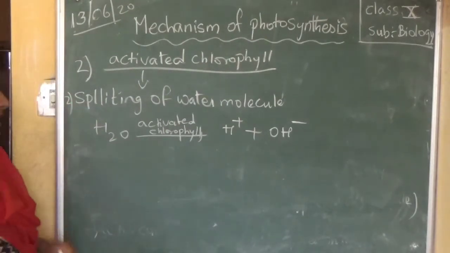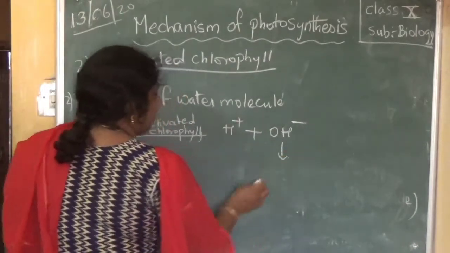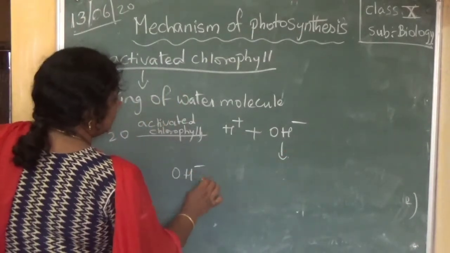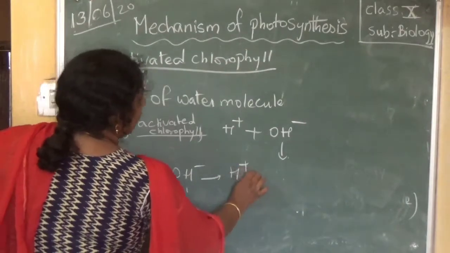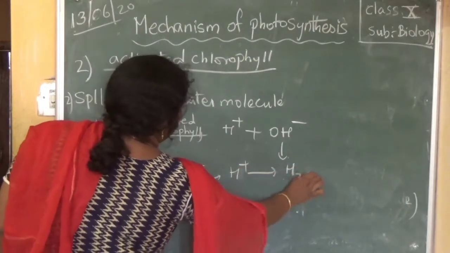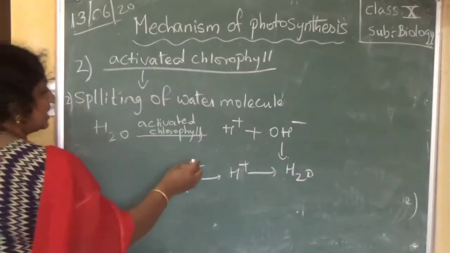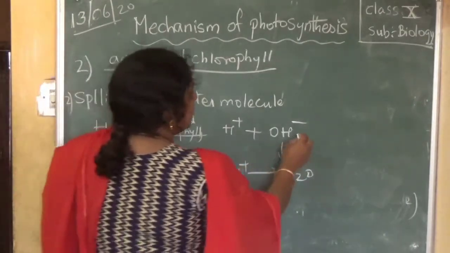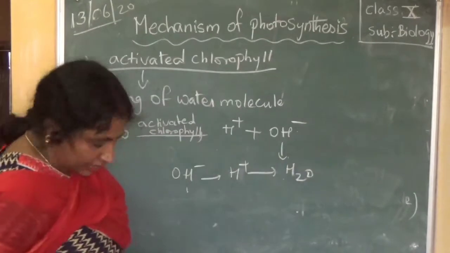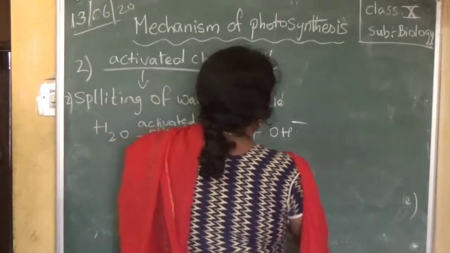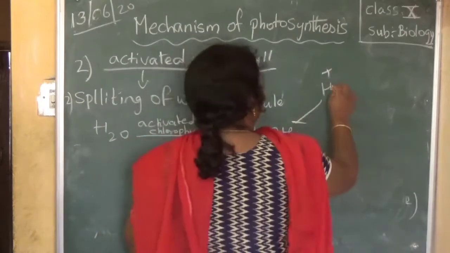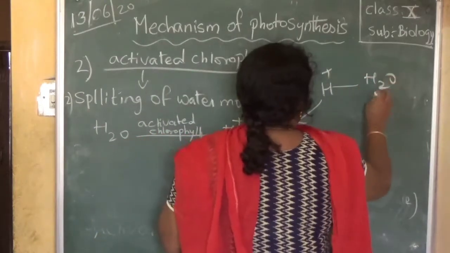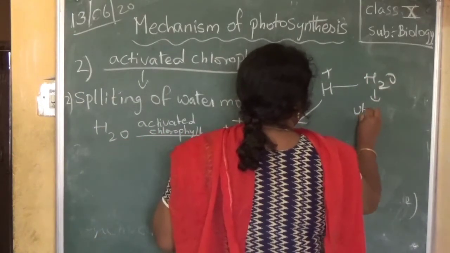Now what happens? These OH minus ions have two pathways. First one, it may combine with another hydrogen atom and form water. This water is utilized by the plant.